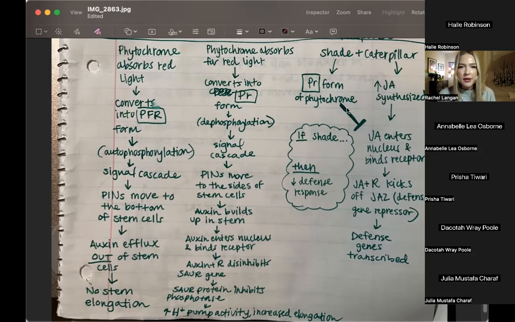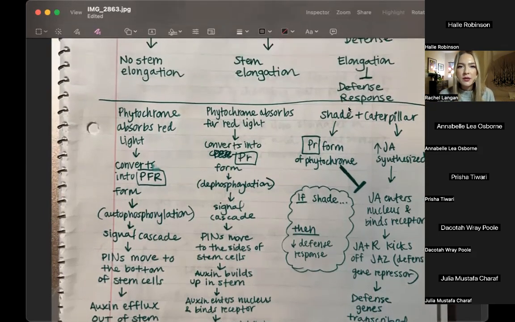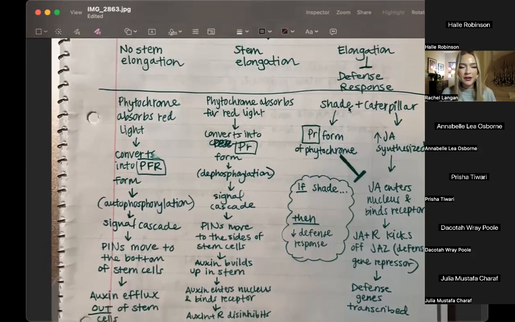So those are the two flow diagrams to know. And then you also need to know how there is a trade-off between elongating the shoot and triggering a defense response in the shade.